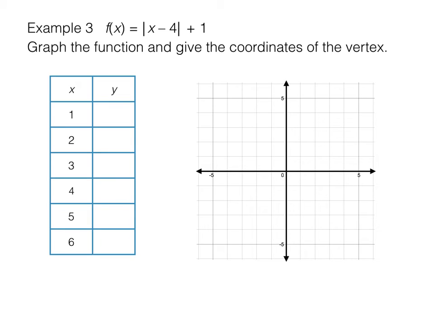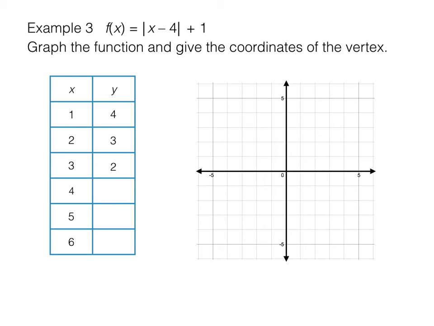The absolute value of negative 3 is 3, and 3 plus 1 is 4. F of 2, the absolute value of 2 minus 4. That's the absolute value of negative 2, which is 2 plus 1 is 3. And keep using mental math to evaluate the function at each x value.